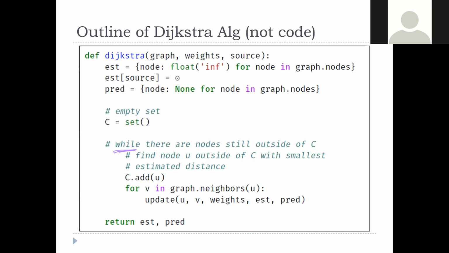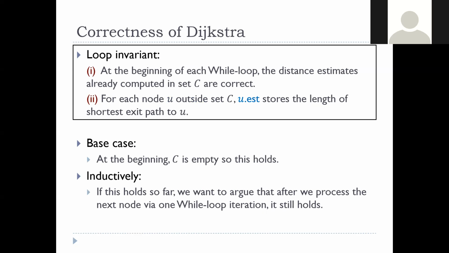We're going to argue that this while loop satisfies the following loop invariant. At the beginning of each while loop iteration, the distance estimates we computed in set C are already correct. And the second one, which I claimed just now: for every node outside set C, the current estimate stores the length of the shortest exit path to this node.